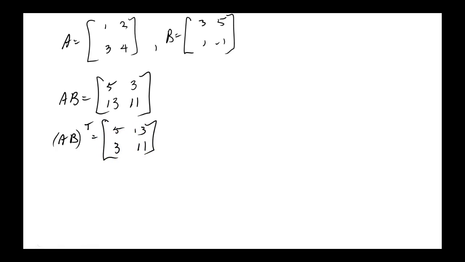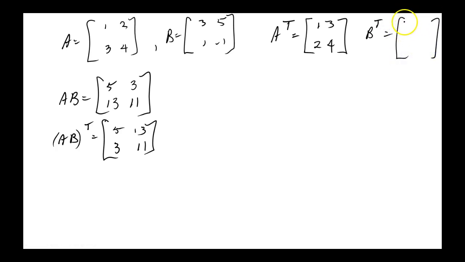Now, let's do A transpose. One, 3, 2, 4. Is that what you said? Okay. Let's do B transpose. 3, 1, 5, negative 1.